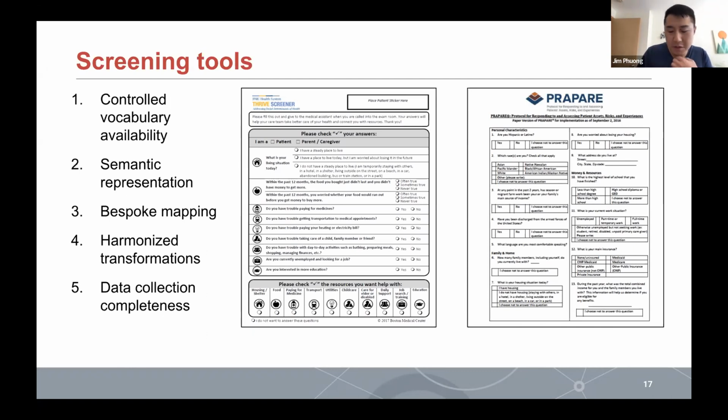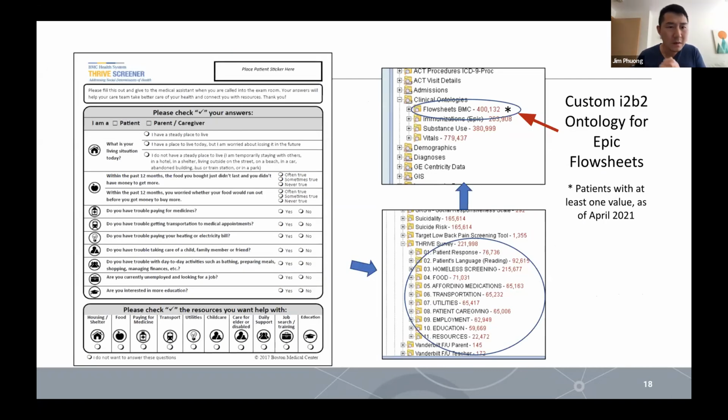I'll get into the harmonization step and the data collection step in just a little bit, but the completeness is kind of our end-to-end accounting for how many records are going in and how many records should be coming out in this kind of workflow. So Thrive is this screener.